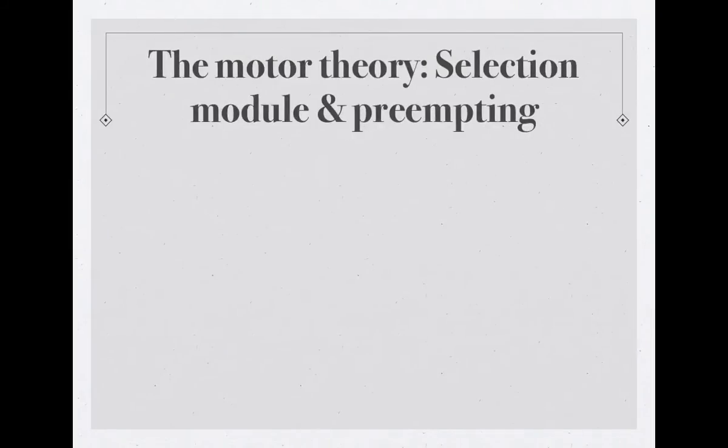Selection, another component of the motor theory: the selection module and preempting. Somebody already talked about it. Who talked about the selection? So what does it mean, selection module or preempting?